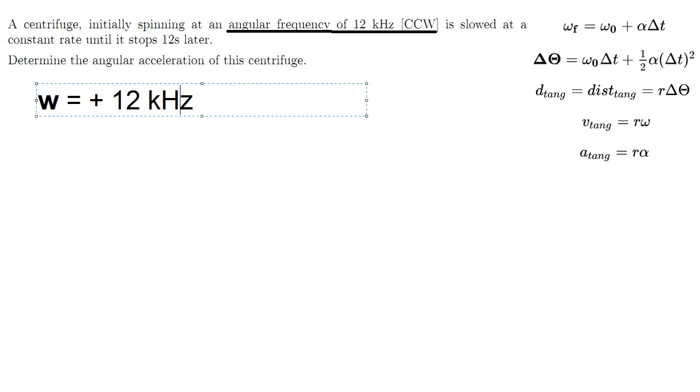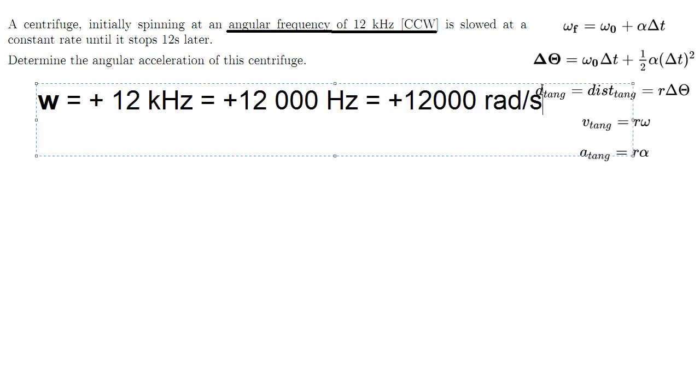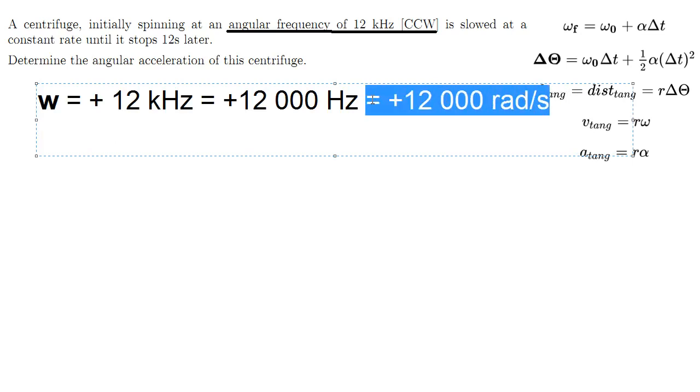Now, in terms of unit conversions, we can put this in SI units. We can convert kilohertz to hertz, which will give us 12,000 hertz. Or if you really want to, some people like to write this as 12,000 radians per second. But radians have no units, and a division by second literally just means hertz, so we'll leave that.